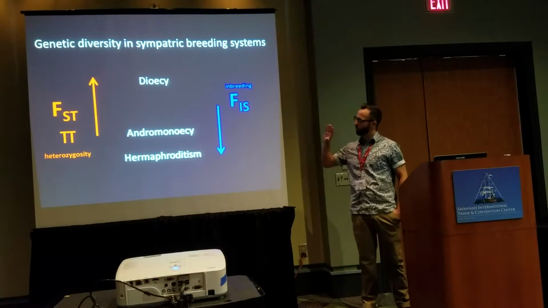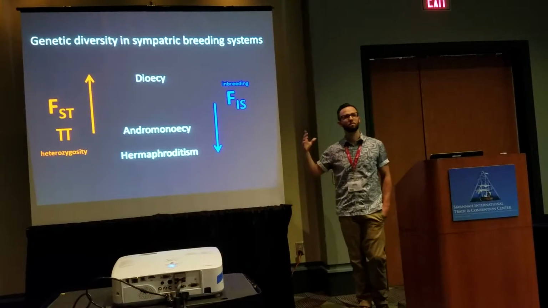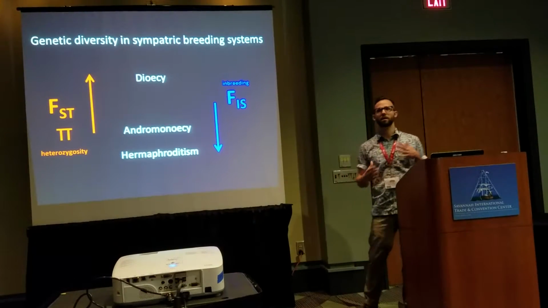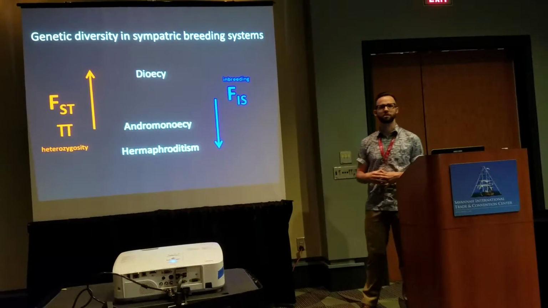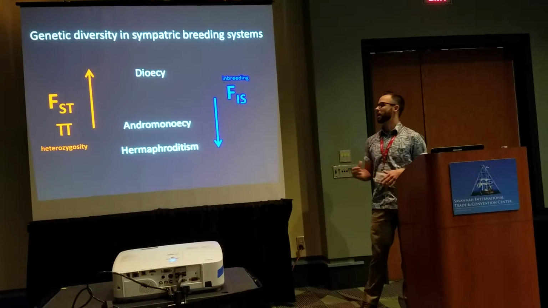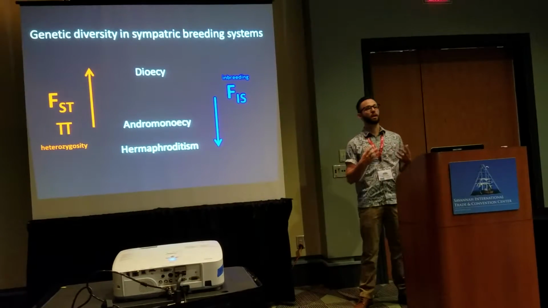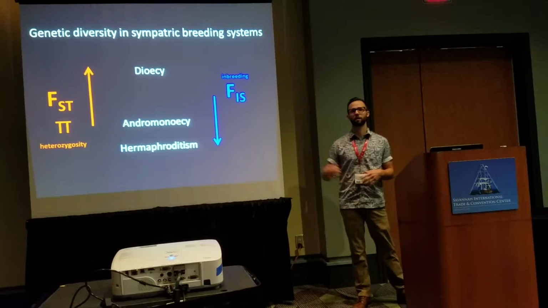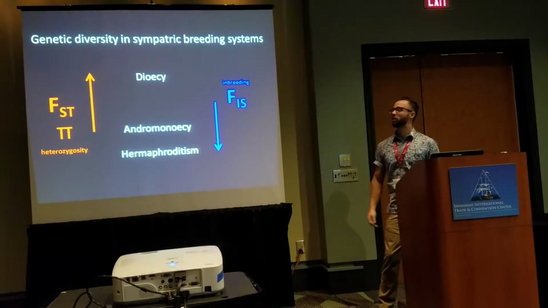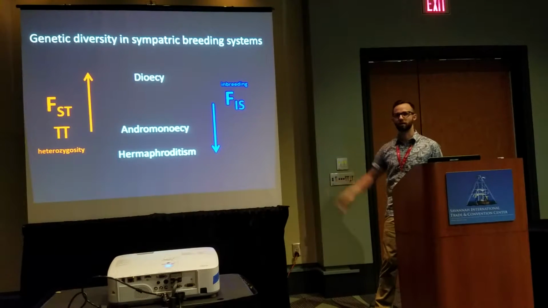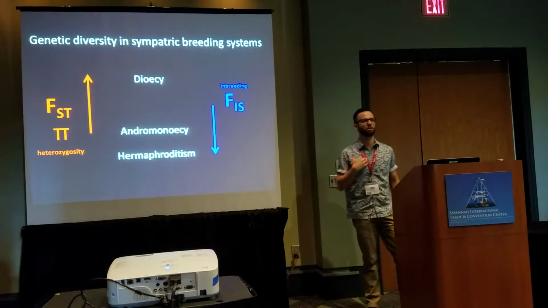And if you look at that, you could say that an andromonoecious and a hermaphroditic breeding system would share a similar level of genetic diversity because they are able to self and also outcross. But because a dioecious breeding system cannot self with itself, then we would expect maybe some higher genetic diversity. And so this is really the fundamental underpinnings of our study that we are looking at.